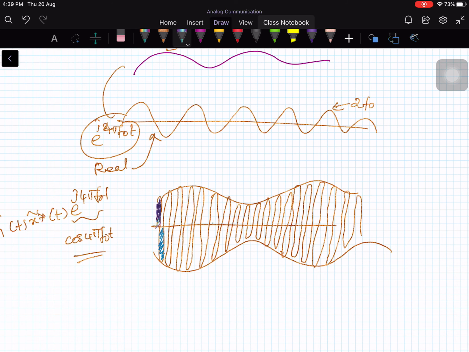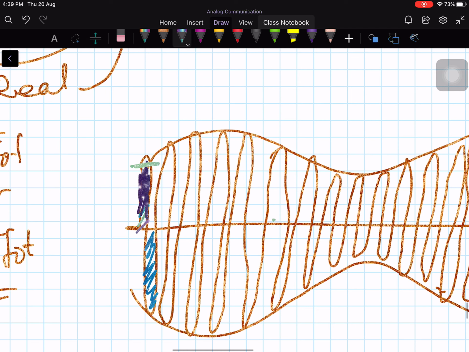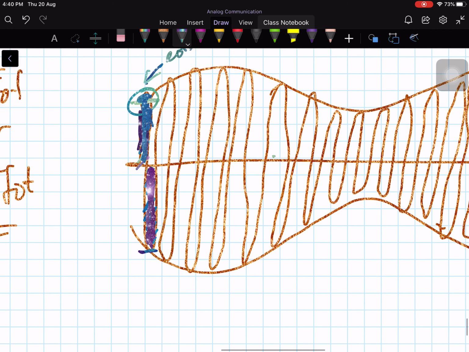If you take this, let me enlarge this, and if you look at this point it is roughly constant, and here also the signal is constant. If you do the integration, then this shaded area will cancel this shaded area. Therefore cycle by cycle, half cycle by half cycle, if you integrate, you will get 0.